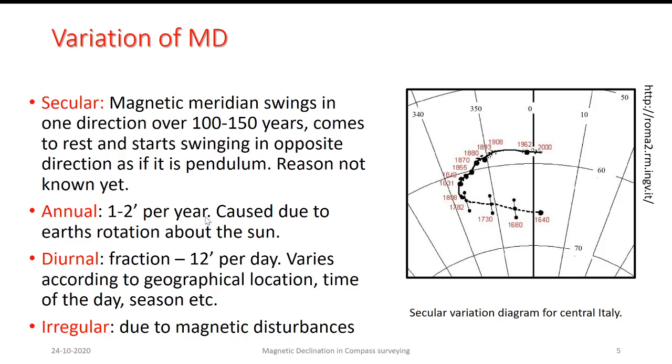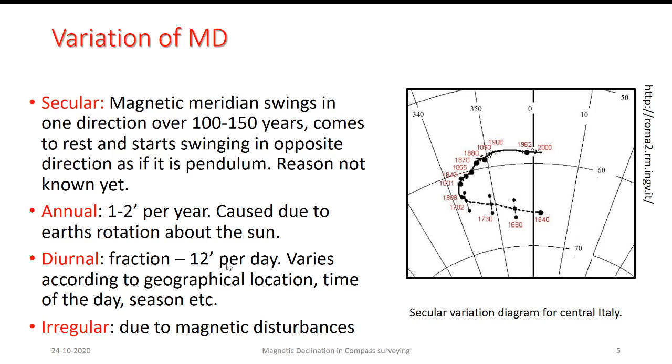Over the year, this particular variation is experienced to be 1 to 2 minutes. It is caused because of Earth's rotation about the Sun. Even the daily variation is found to be a very small fraction to 12 minutes per day.